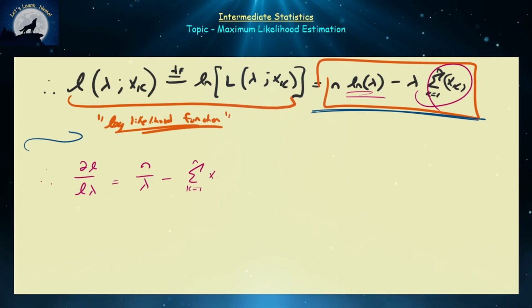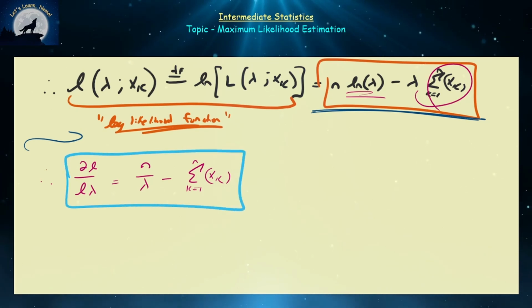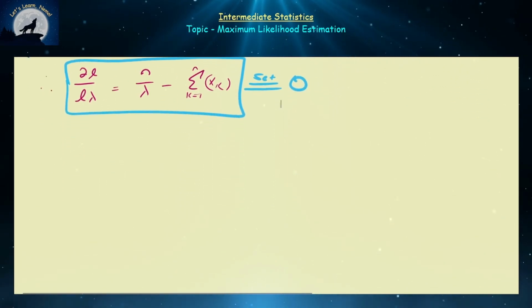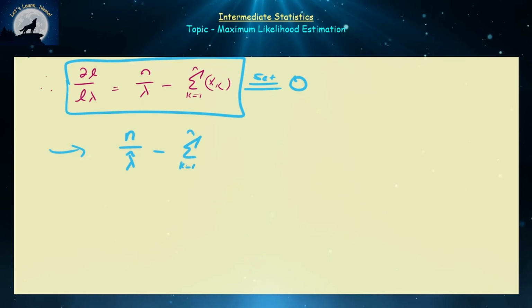Now we set this expression equal to 0 and solve for lambda, which we call lambda hat. So we have m divided by lambda hat minus the sum from k equals 1 to m of xk equal to 0.